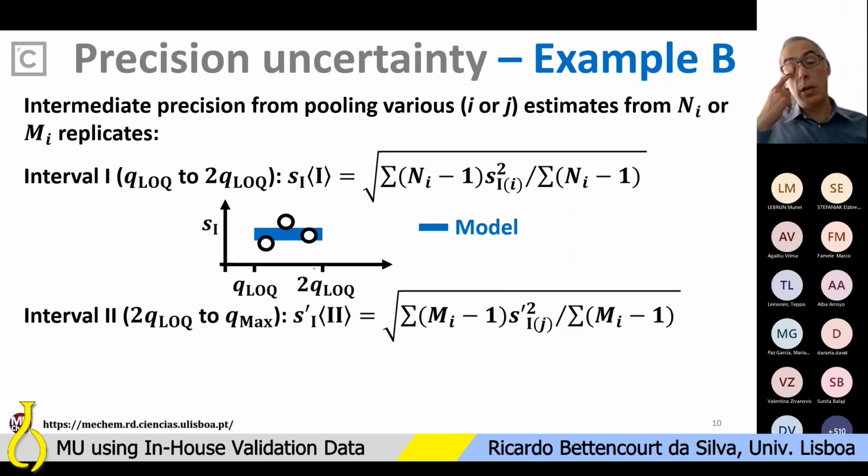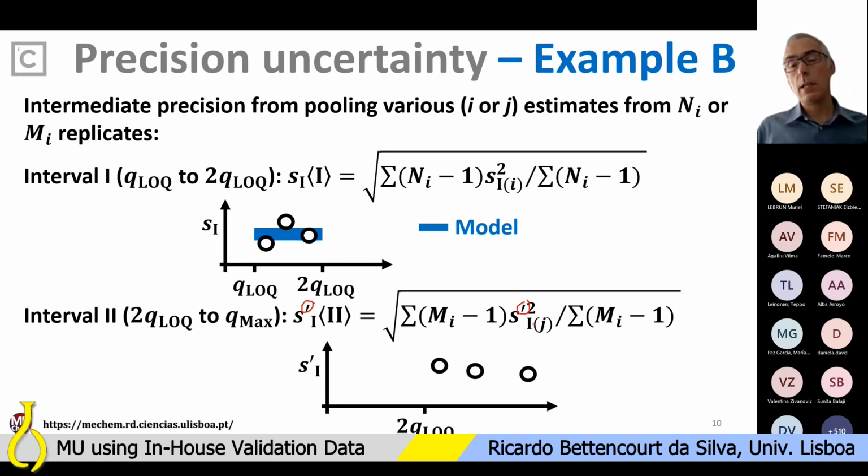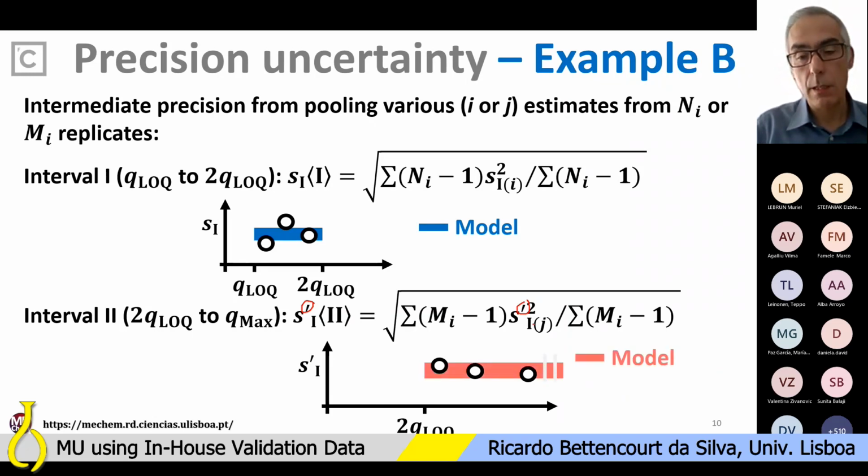For interval 2, you pool all that information, but as relative intermediate precision standard deviations, so we have different of those, in this case 3 that were pooled, and after pooling you get a single relative intermediate precision standard deviation that will be applicable above 2 times the limit of quantification.